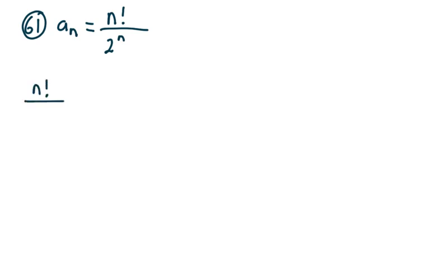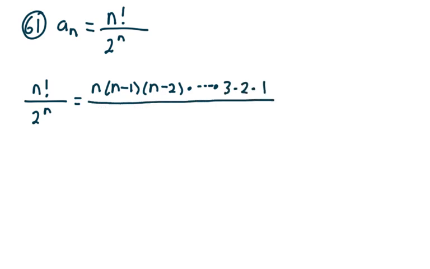So if I have n factorial over 2 to the n, this is n times n minus 1 times n minus 2 times ... times 3 times 2 times 1. I'm going to divide by n copies of 2 multiplied together, basically. So I have 2 times 2 times 2 times ... times 2 times 2 times 2.